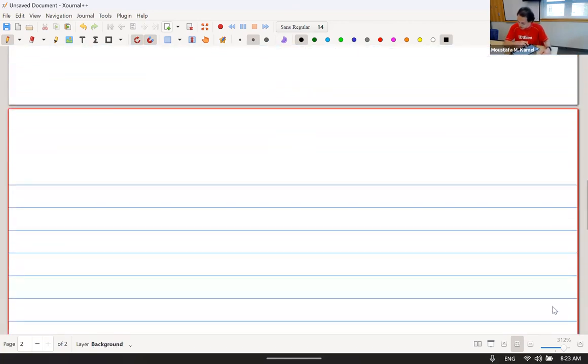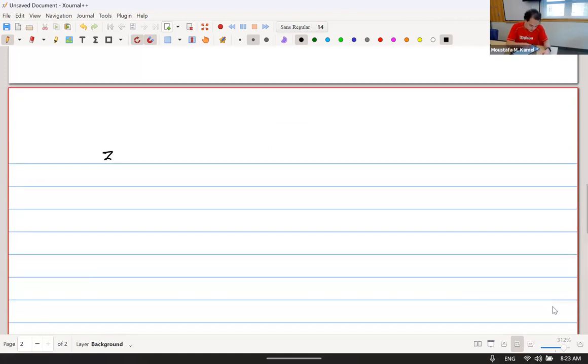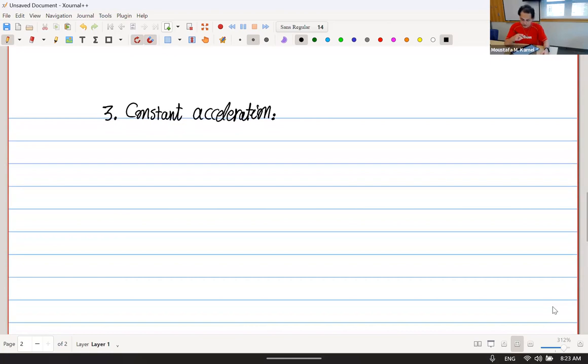Okay, let's take another example, this time not constant velocity, but constant acceleration. Now the kinematic equations don't change. They're the same.